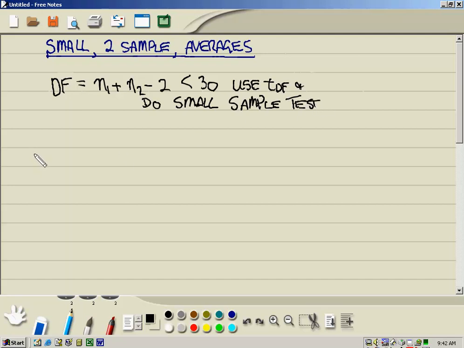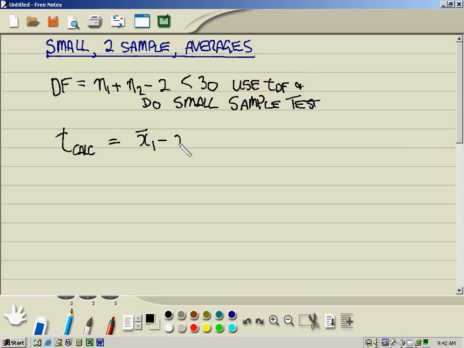The formulas for the small sample test are slightly different, and they're different when it comes to the standard deviations. In the large sample test we used an approximation for the standard deviation. Here we must use the exact value. So the t-calc is the same as the z-calc for the two-sample test.